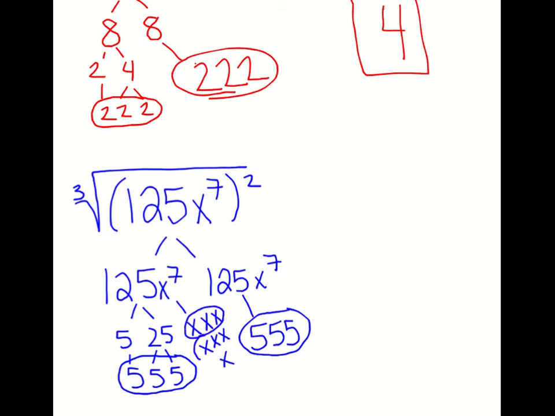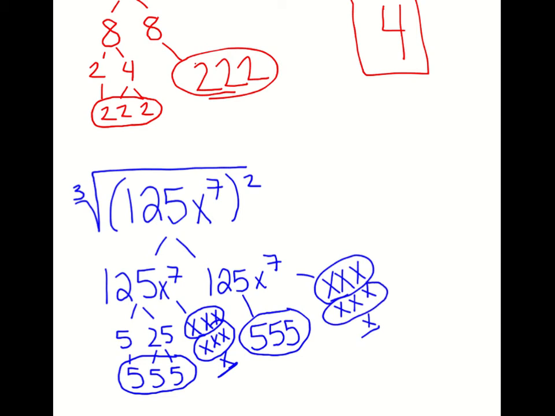Again, finding groups of 3s, because this is a cube root, I find there's 1 x left over. If this x to the 7th is 2 groups with 1 left over, so is the other one. So I'm really saving myself work just by doing 1 at a time and copying it back down.